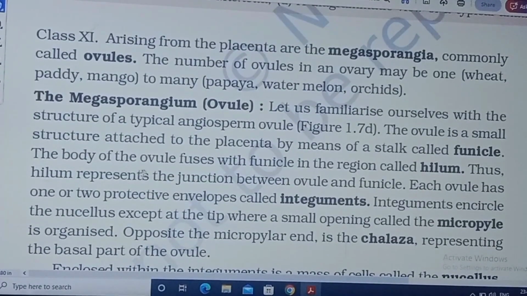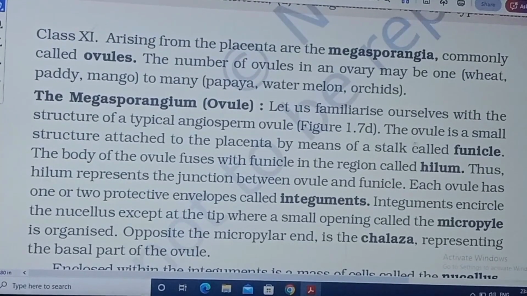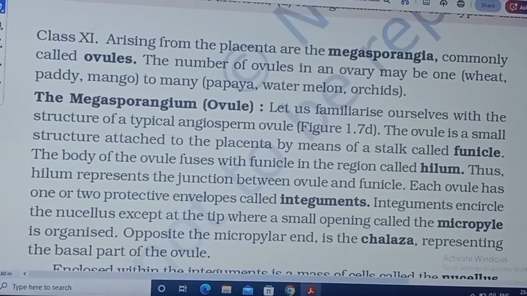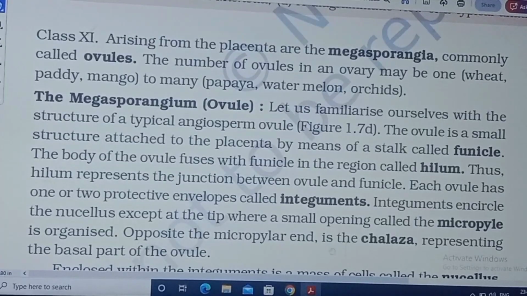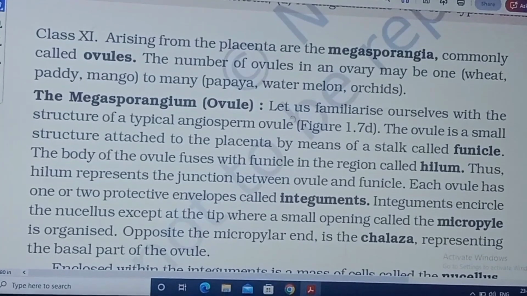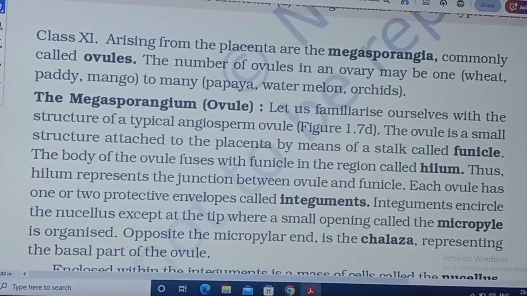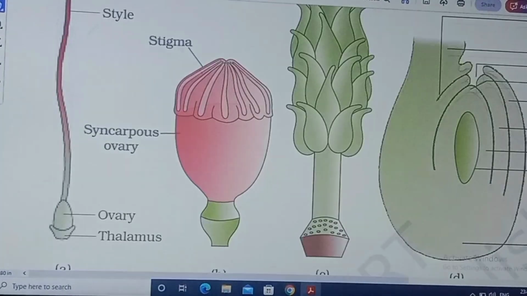The body of the ovule fuses with the funicle in the region called the hilum. I will explain this paragraph with the anatropous ovule diagram.